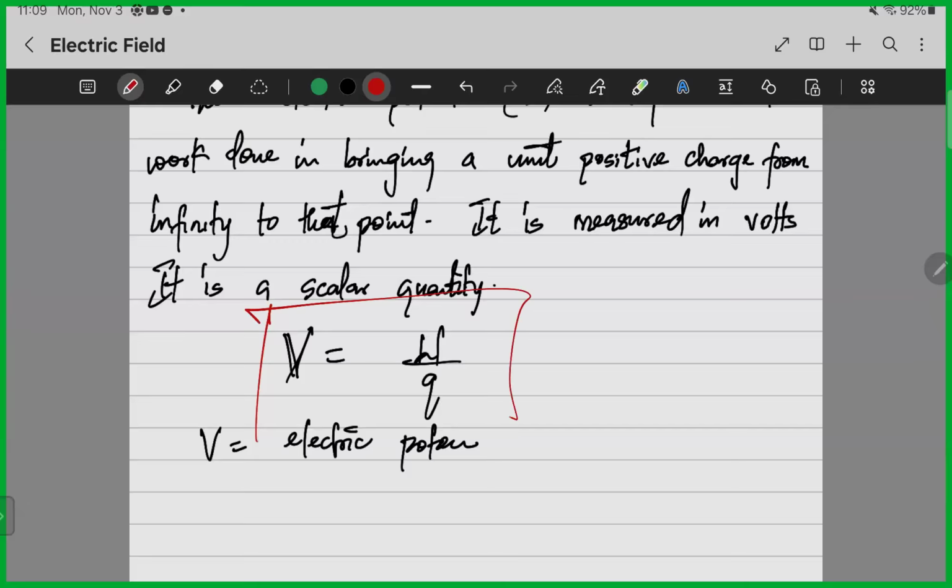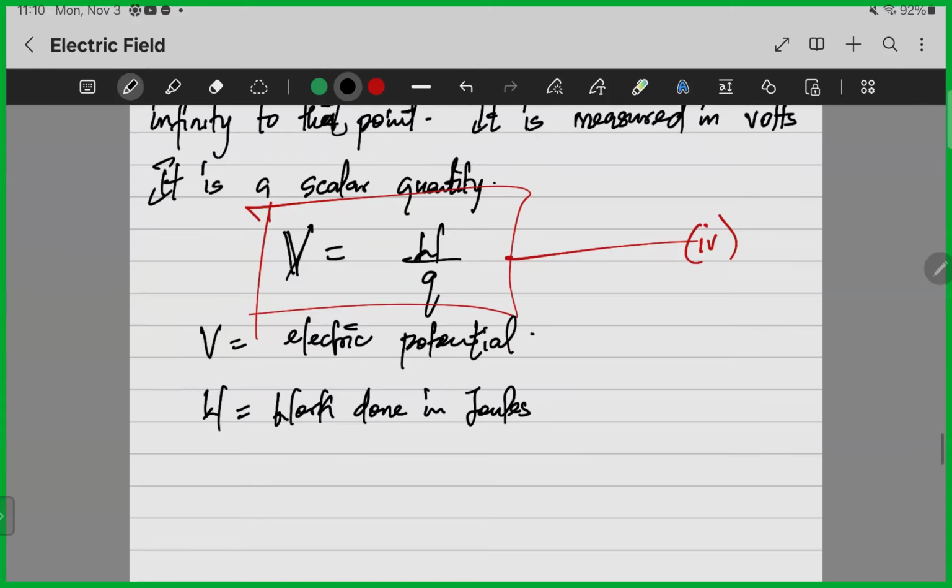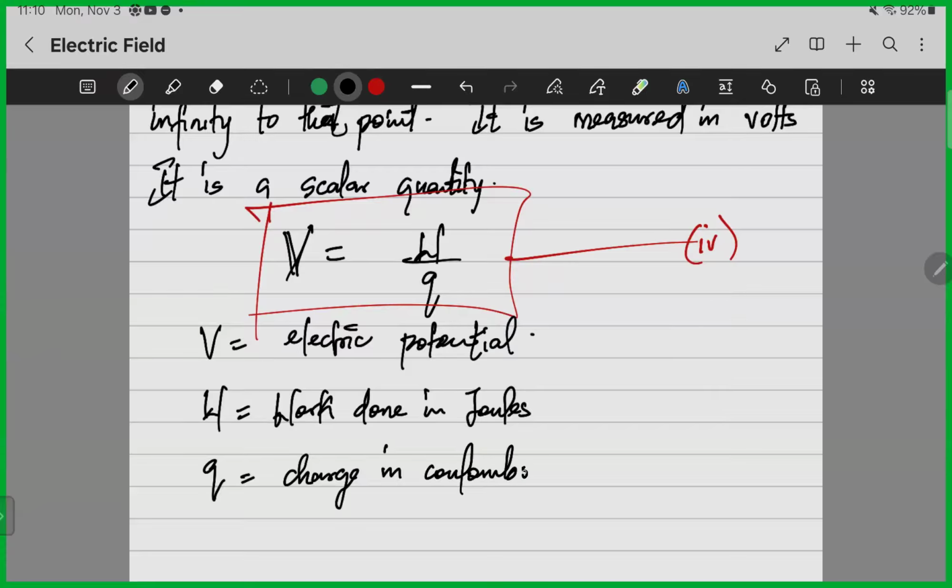This is like the first introduction here under the subtopic. W is work done in joules. Then Q is charge in coulombs. So keep that in mind.